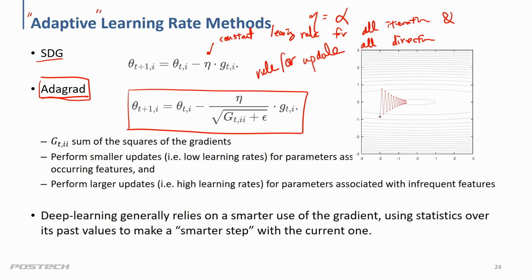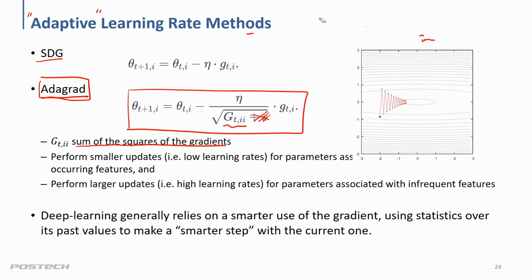So this one is, let me see. Don't worry about these epsilon things. This one is the sum of squares of the gradient. Let me erase this.